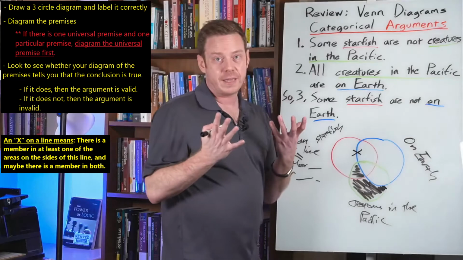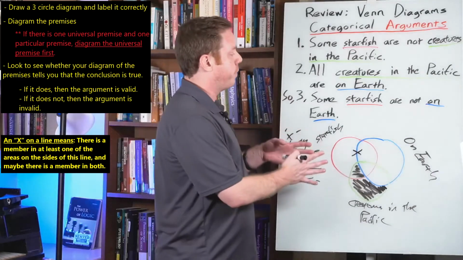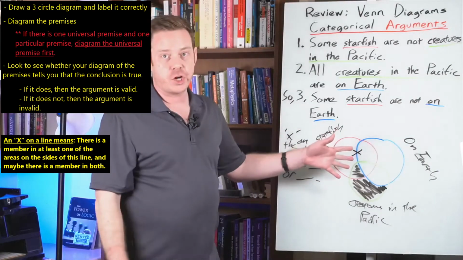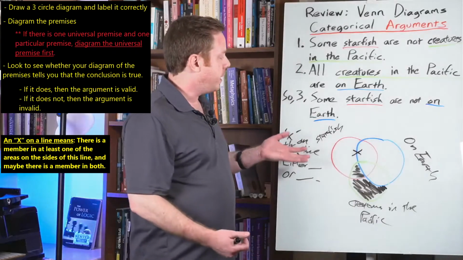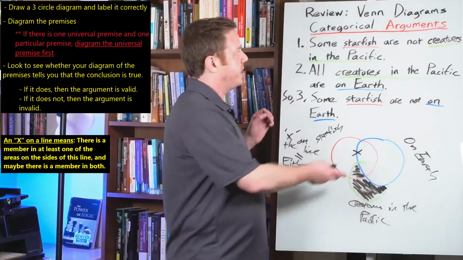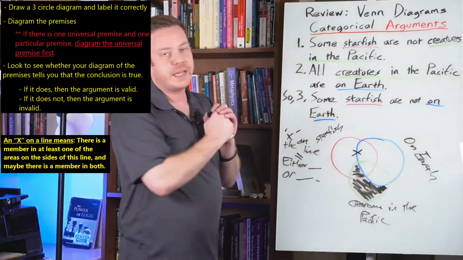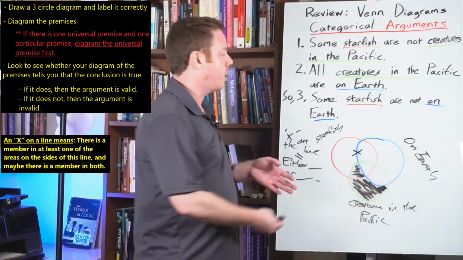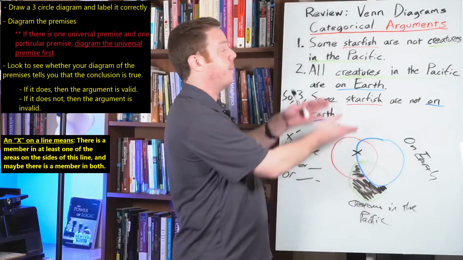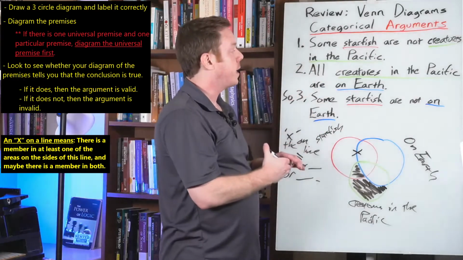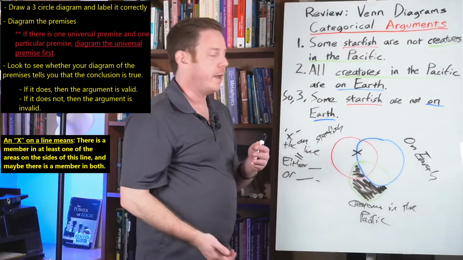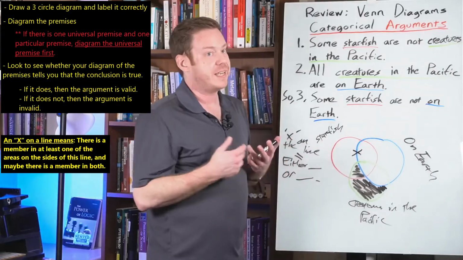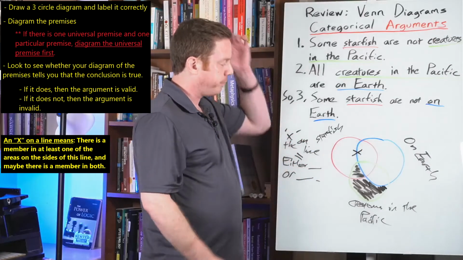We don't want to pick, because then we would be adding information to our picture that's not already in the premises. So that's not what we want to do, because our diagram is supposed to diagram the premises that occur. We don't want to make a choice and add our own choice in there.